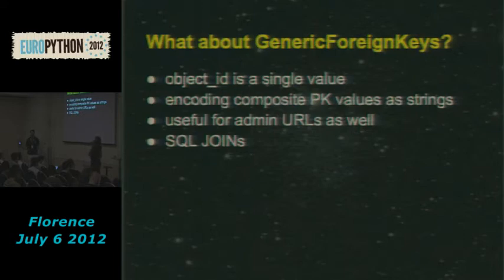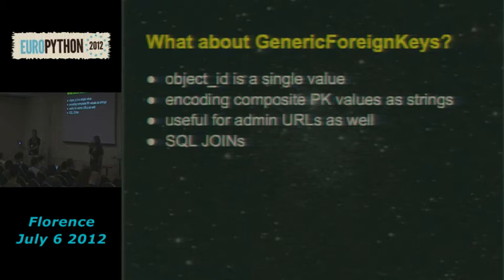So we'll return to the problem of generic foreign keys. When you create a generic foreign key, it consists of two model fields. One is content type, which is an ID of a table, of a model, and then you have an object ID, which is actually the foreign key pointing into this table.